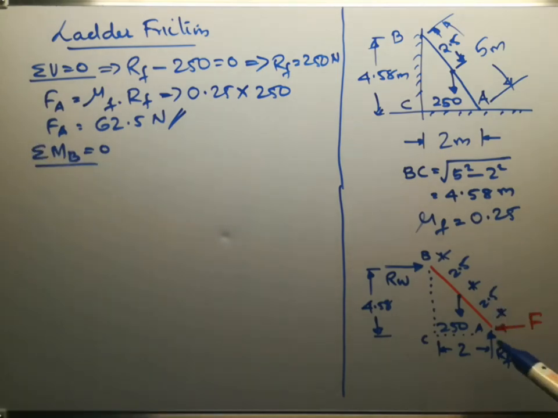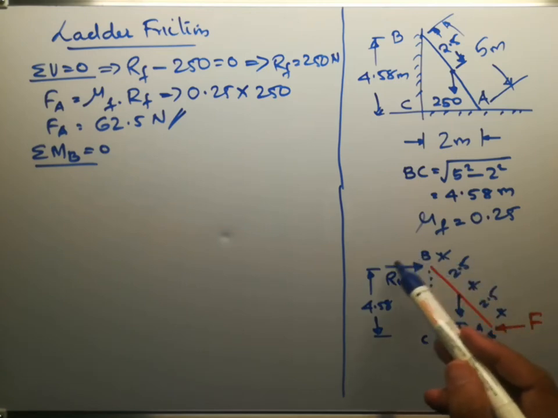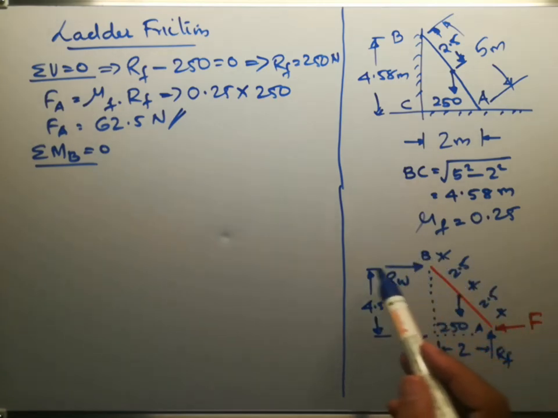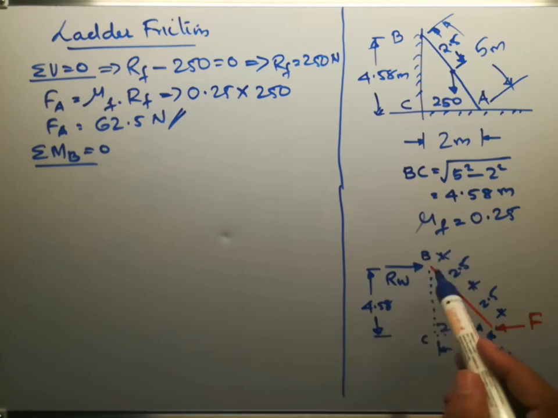The forces which are creating moment are RF, the weight of the ladder, and the frictional force F. RW will not make any moment because it is acting through the point about which we are taking the moment.